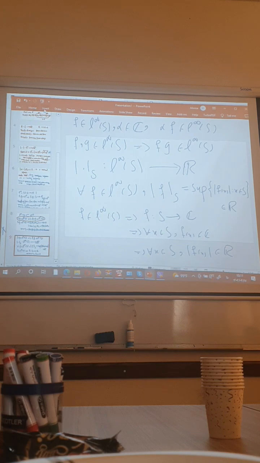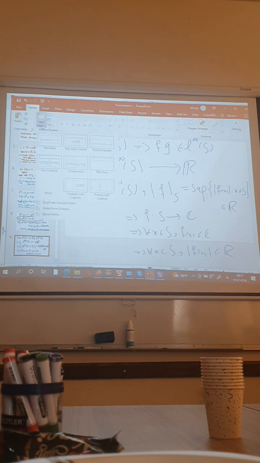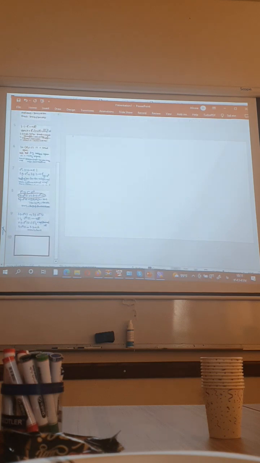Let me write this for you. If f belongs to L infinity, we know that there exists m such that for any x in S, absolute value of f of x is less than m, okay?